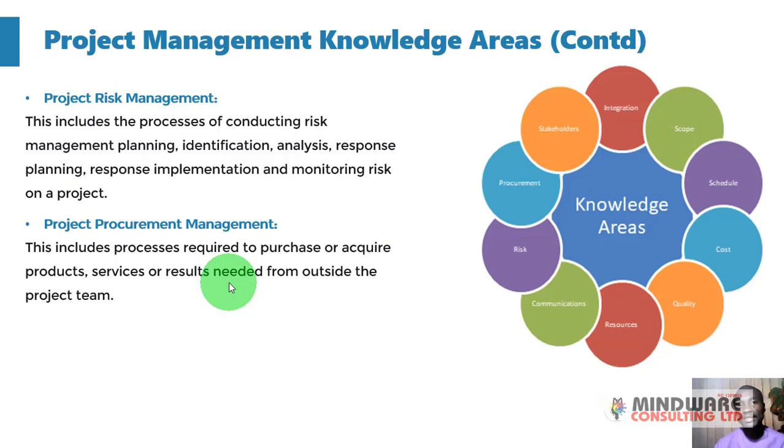First of all, you have to make a decision. Do you rent or do you purchase? Now, do you even need to go outside to get it? Can you make it within the project organization? Then we start talking about make or buy analysis. What are the cost implications? What are the time implications? These are necessary considerations, and they are all what we call procurement management. And even when you've made it or purchased it, you still have to manage that process as well.